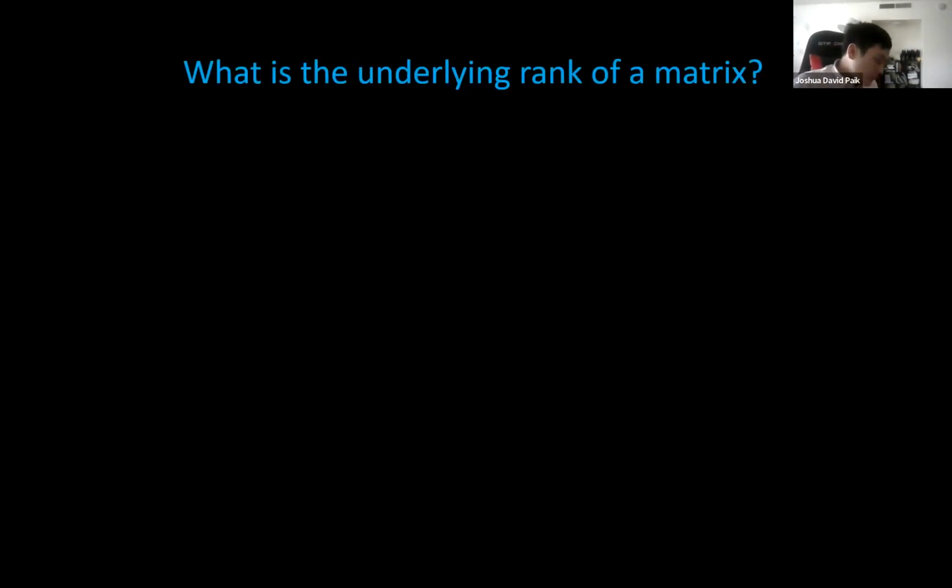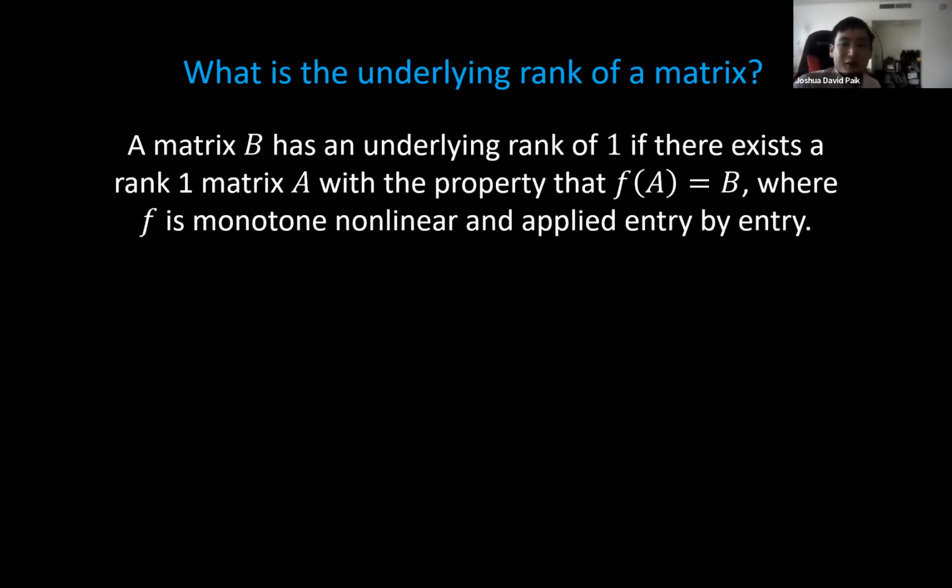One place we might want to look for structure in a correlation matrix is the underlying rank of the matrix. The underlying rank of a matrix is the smallest number K such that there is a rank K matrix that has the same ordering of entries.